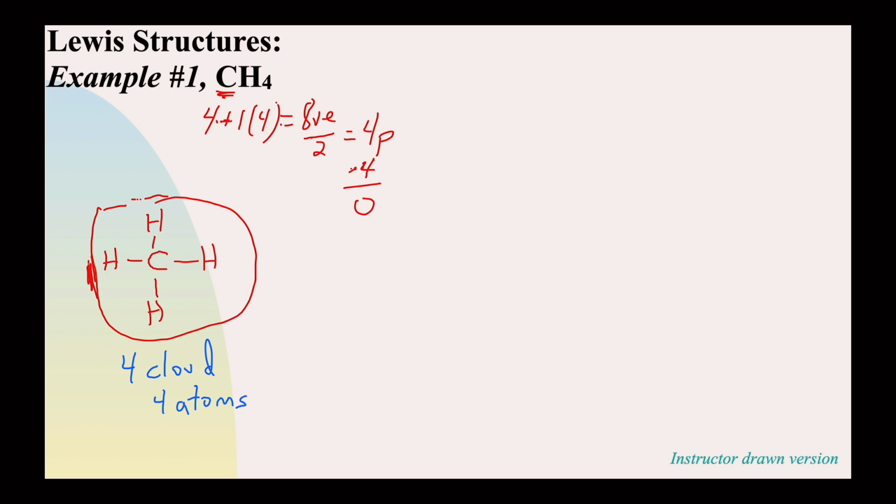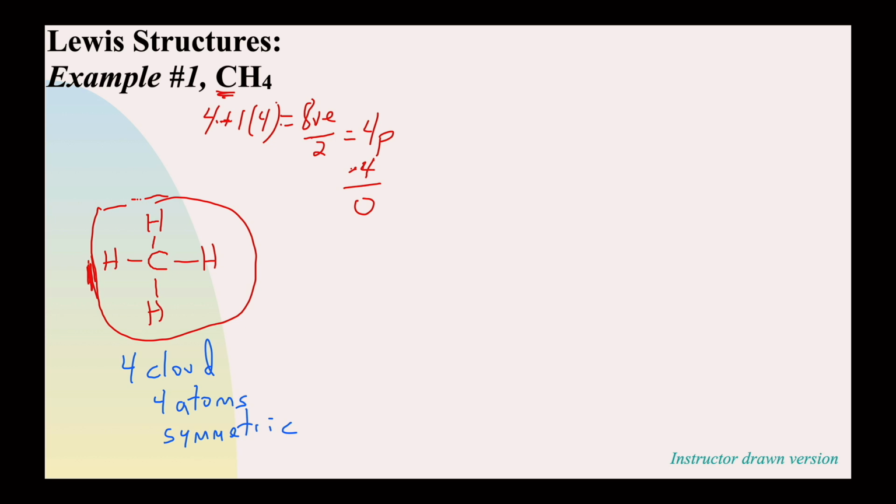By the way, it is symmetric because everything around the carbon is the same. Those are all hydrogens. If I had 1 chlorine, it would be asymmetric, but this one is symmetric.